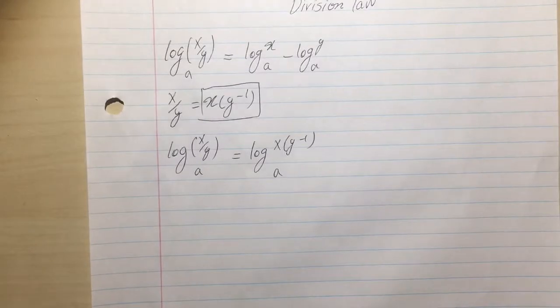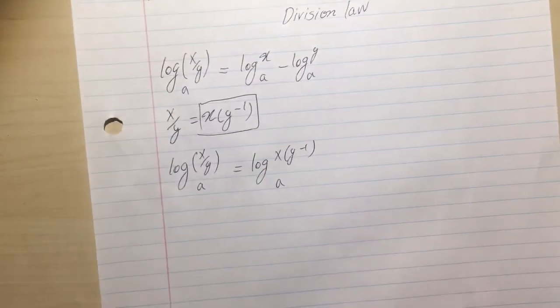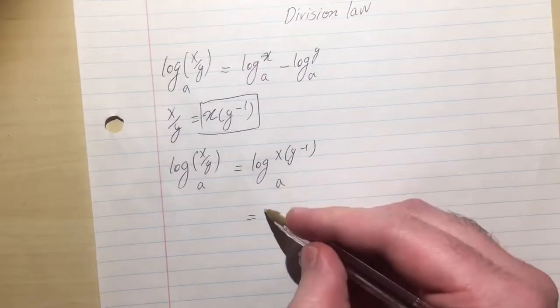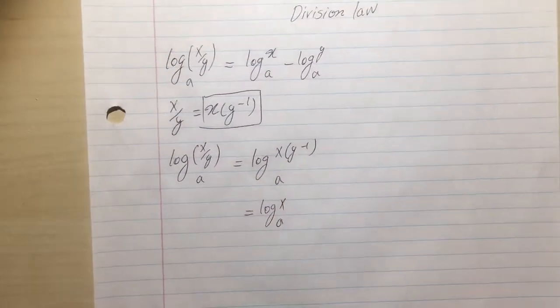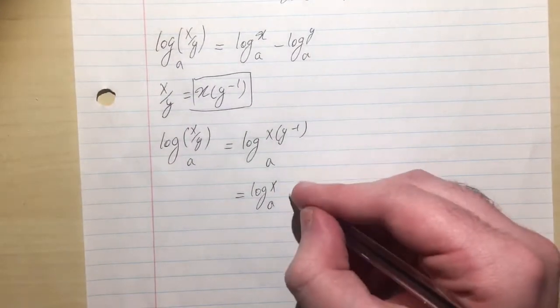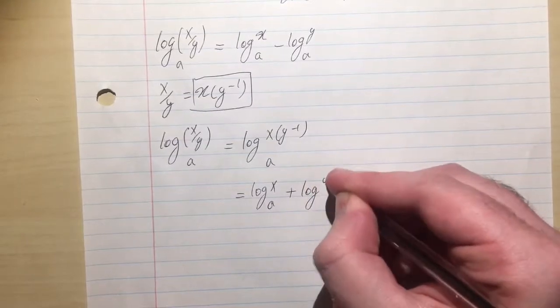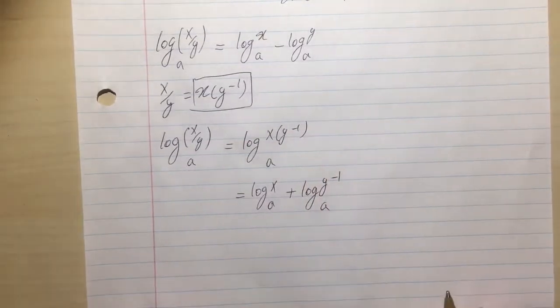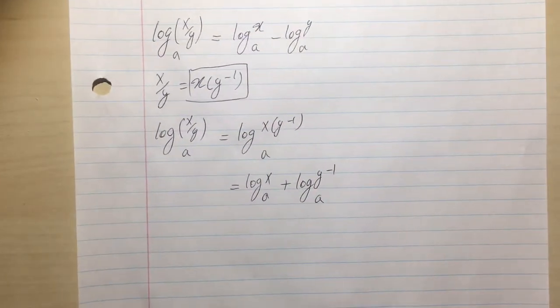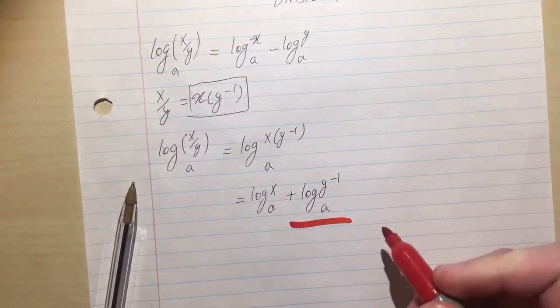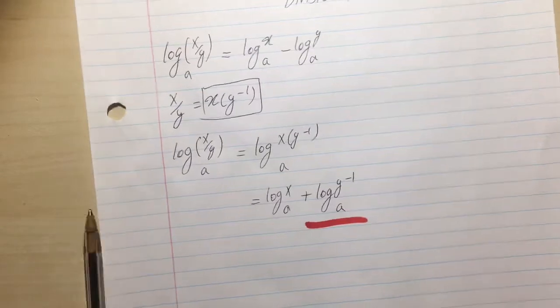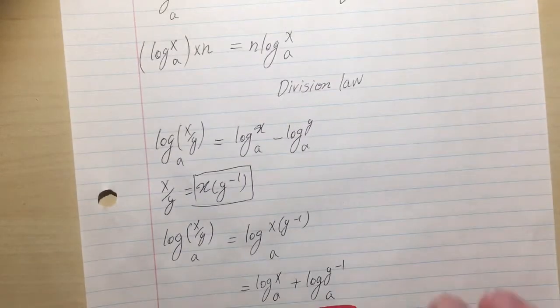So here I can use the multiplication rule first, so I can write the log of the individual terms. The first term is a single x, so I'm going to write log x base a. The next term is log y to the negative 1 base a. For this part, the exponent law comes in very important, the law that I just proved for you.